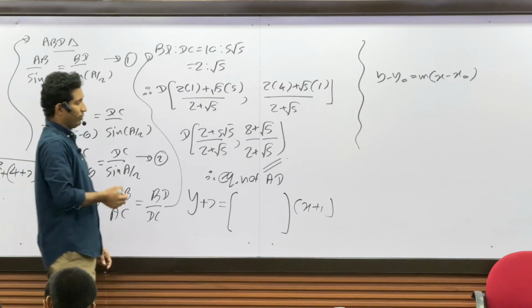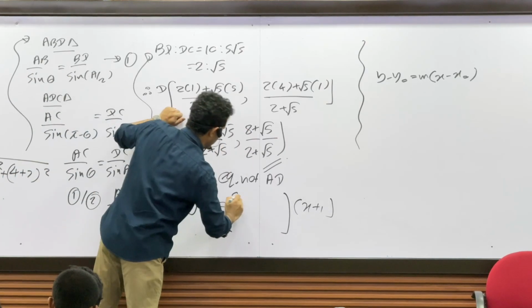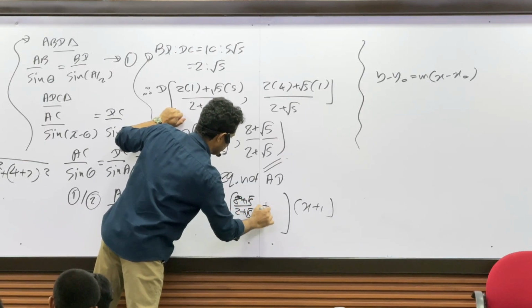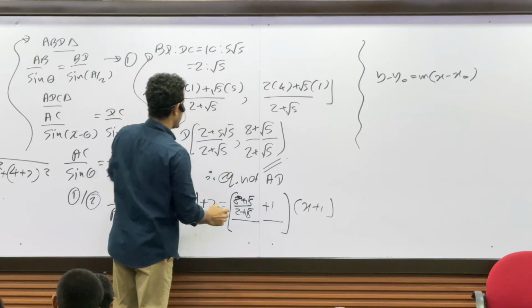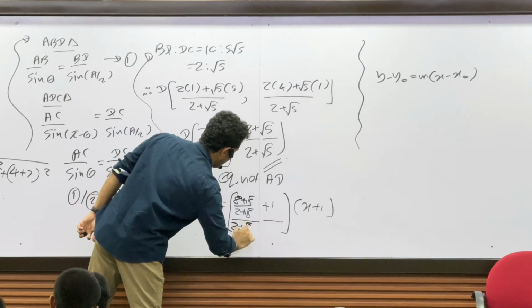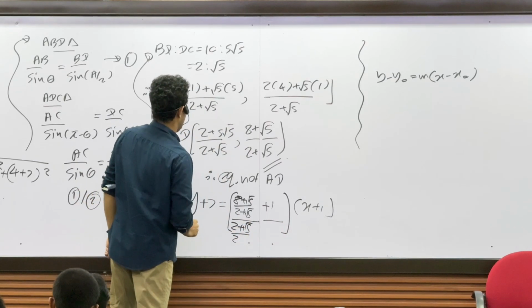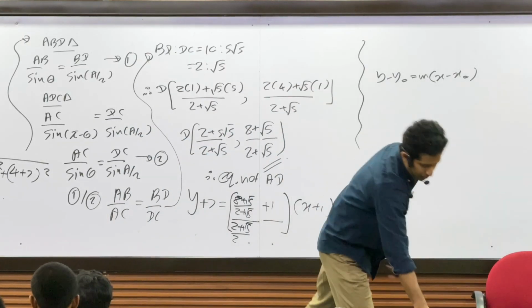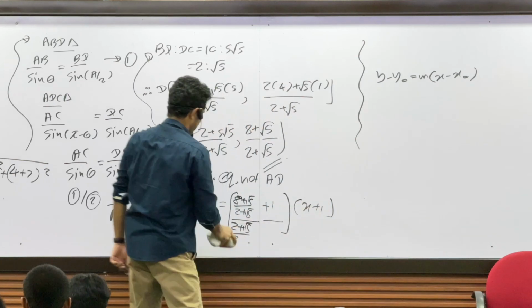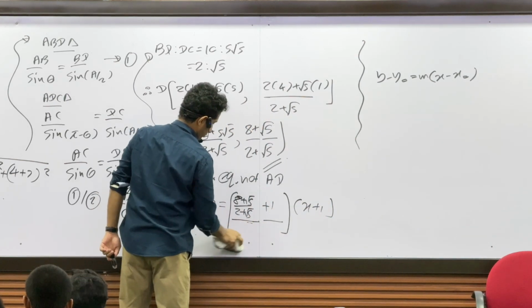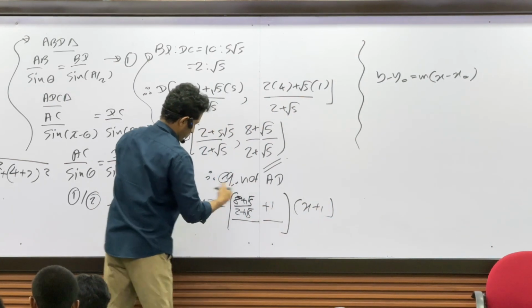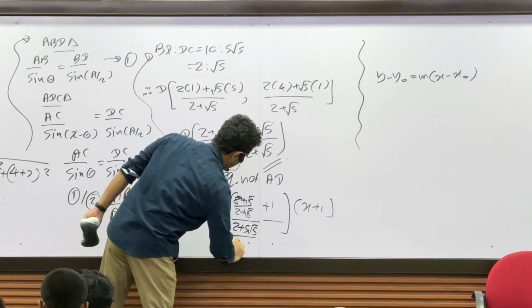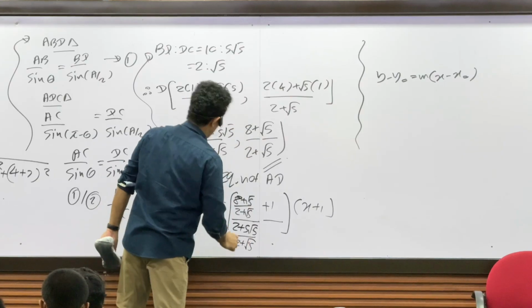Now what were the coordinates of D? 8 plus root 5 divided by 2 plus root 5, and 2 plus 5 root 5 divided by 2 plus root 5.